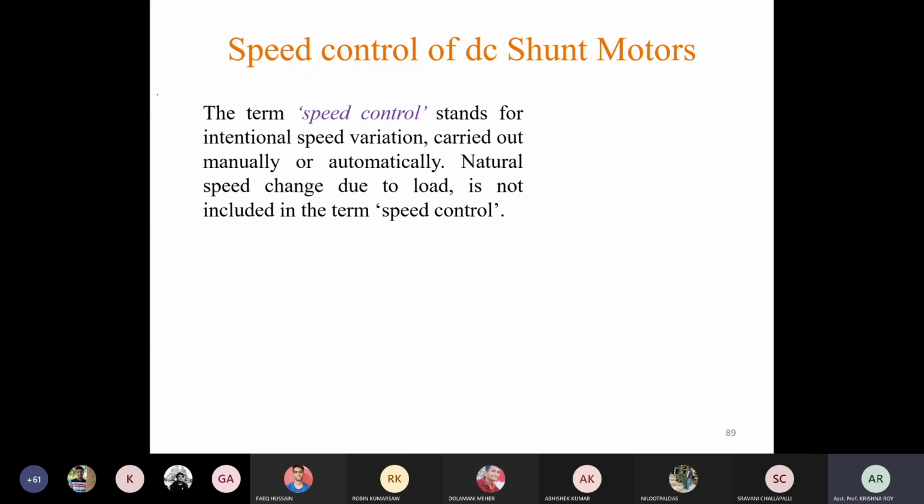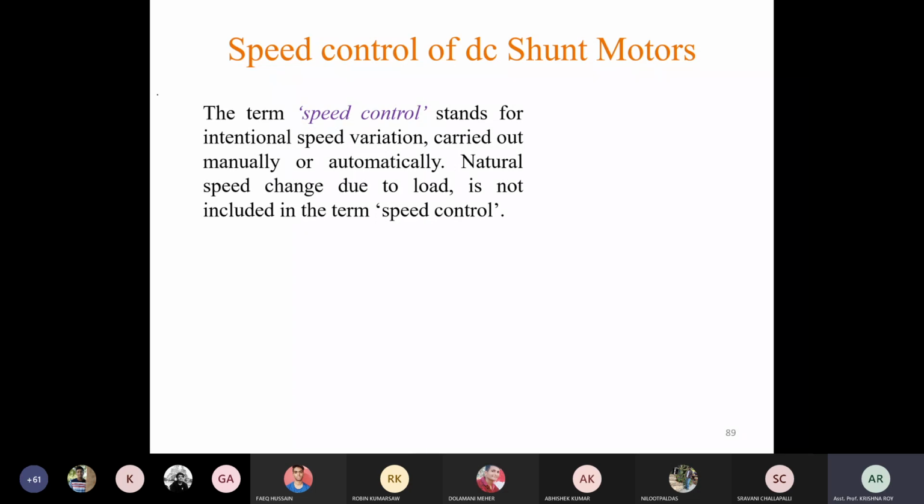So this reduction in speed is not included in the speed control of any motor. Okay, so that is not some kind of speed control. Speed control means intentional variation.